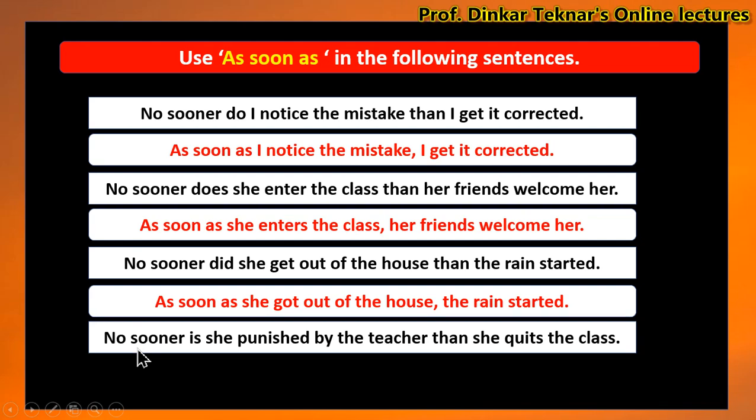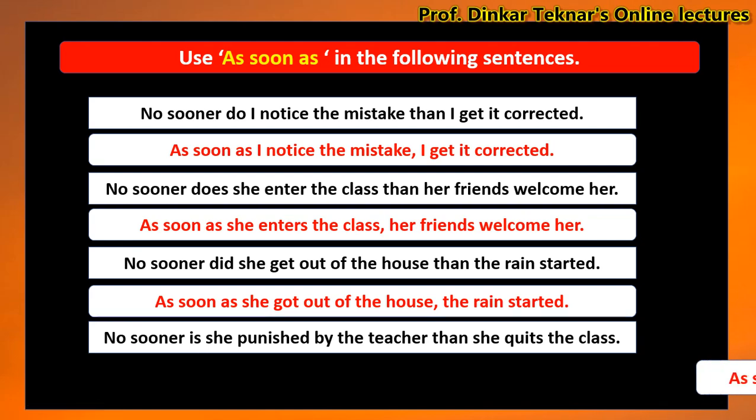Now the last sentence. No sooner is she punished by the teacher than she quits the class. Here an auxiliary verb is used. There is no do, does, did. So we cannot remove this when we convert the sentence into as soon as. We have to keep is as it is.